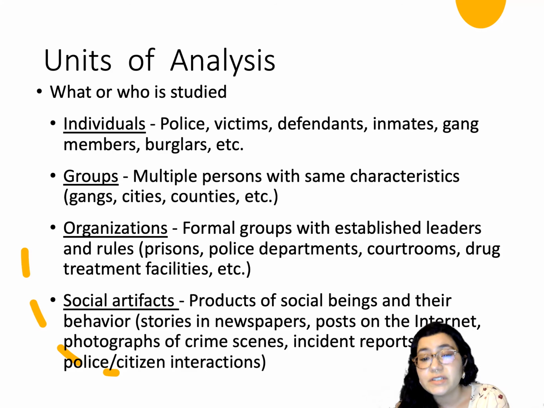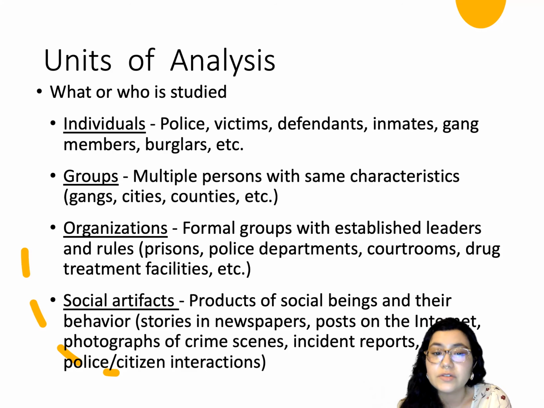So prisons, police departments, courtrooms, drug treatment centers. So it's any formal group with an established leader, like your clubs in college, classrooms in college, those would be types of organizations.